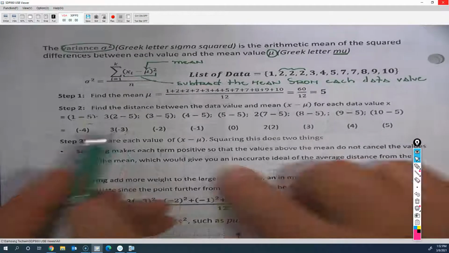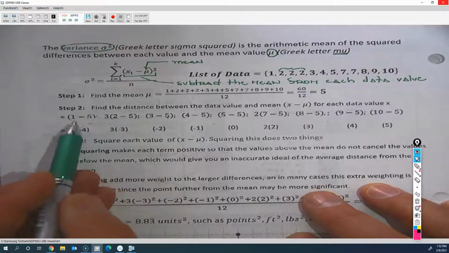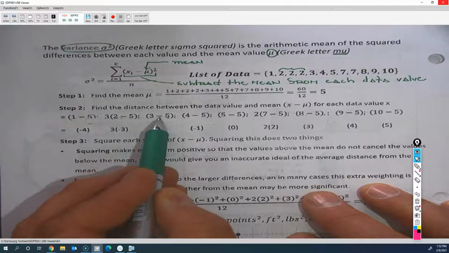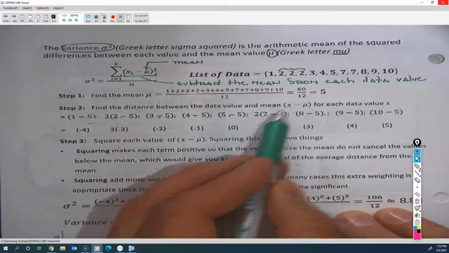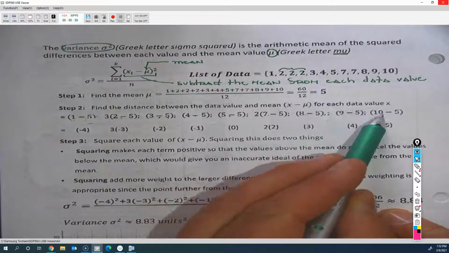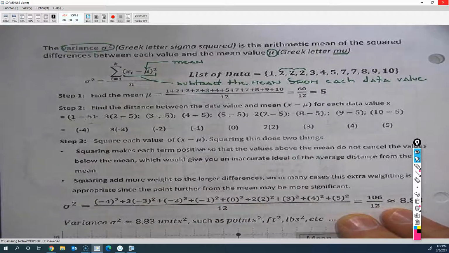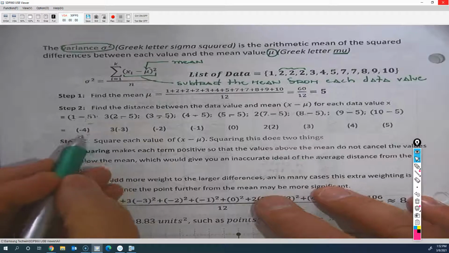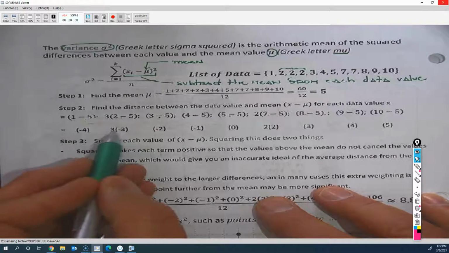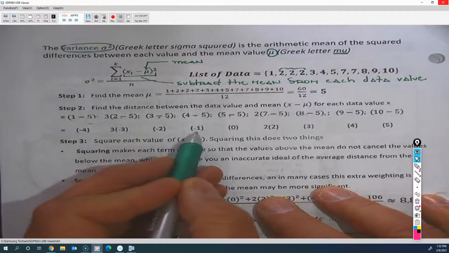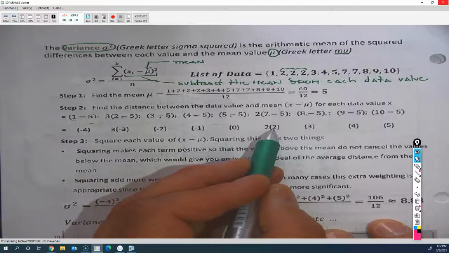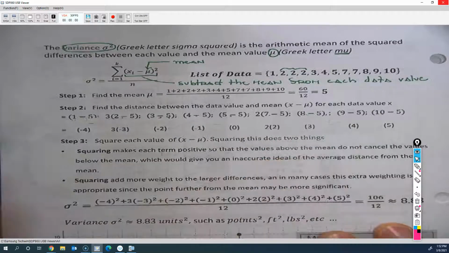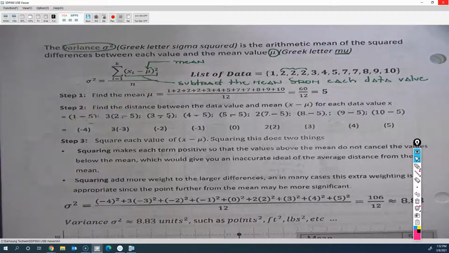Okay? And that's what I did right here, guys. I subtracted the average from each number in this list. And then this is what you get: -4, 3 times -3, -2, -1, 0, 2, 3, 4, 5. Okay, any questions up to that point?